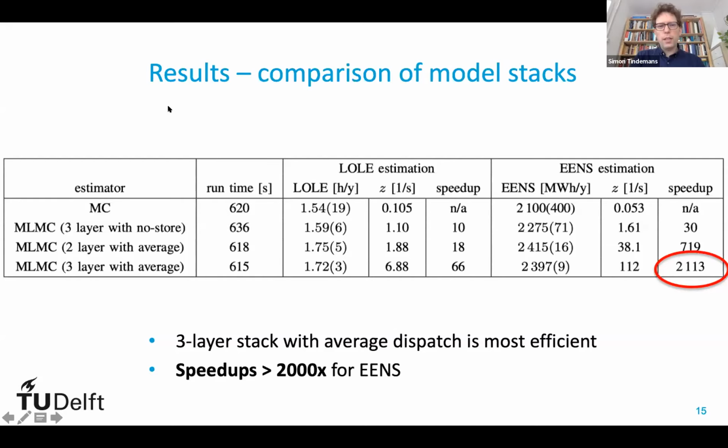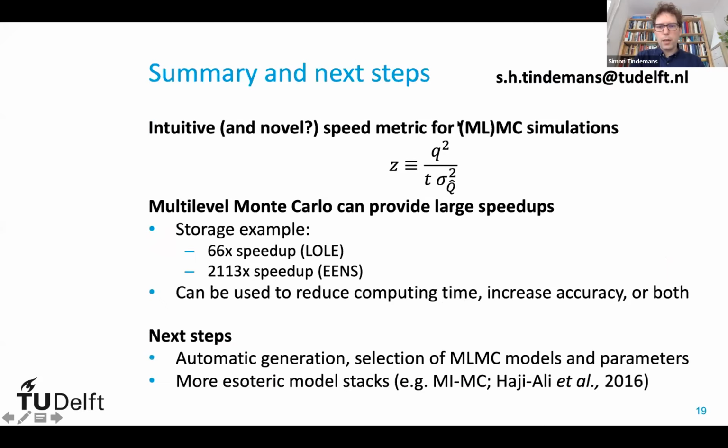So Z is not directly a runtime per sample. It's normalized. T here is the time spent simulating, and you have in the denominator the variance of your estimate, and on top you have the actual value.